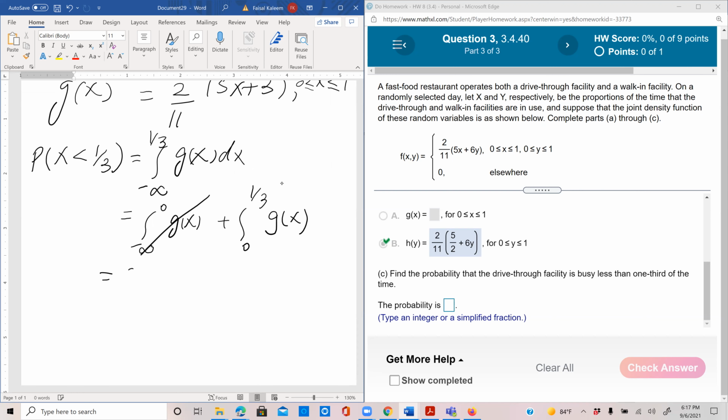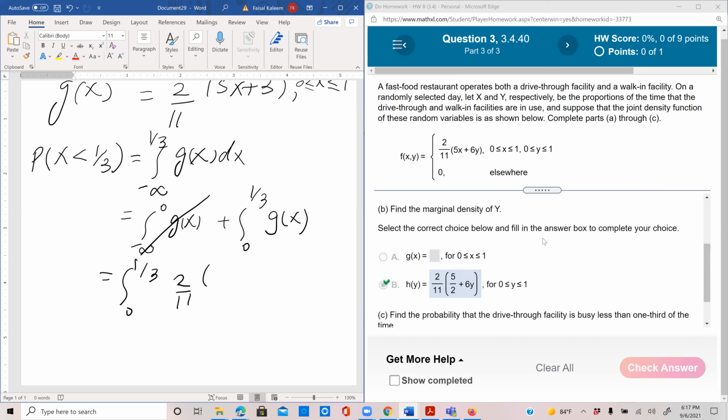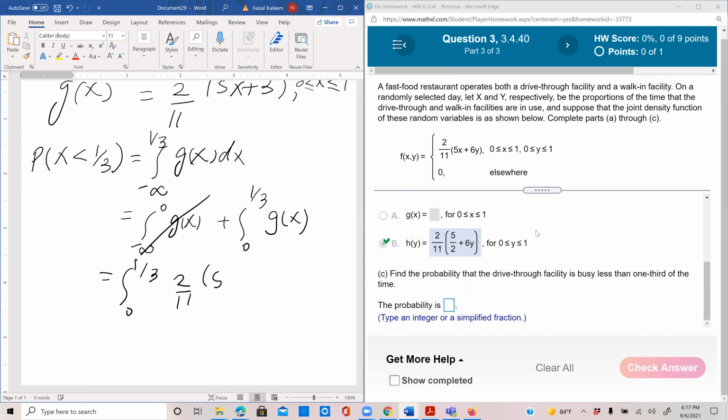So from 0 to 1/3, the function is 2/11, 5x plus 3. Pull the 2/11 out. The integral of 5x is 5x squared by 2. Integral of 3 is 3x.